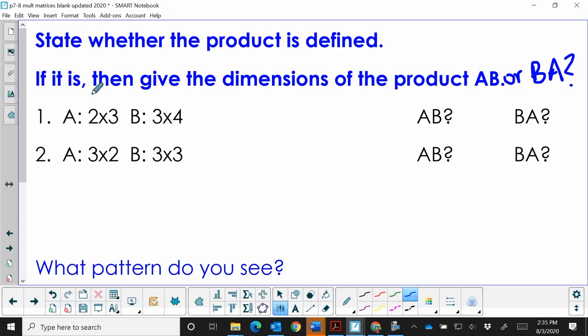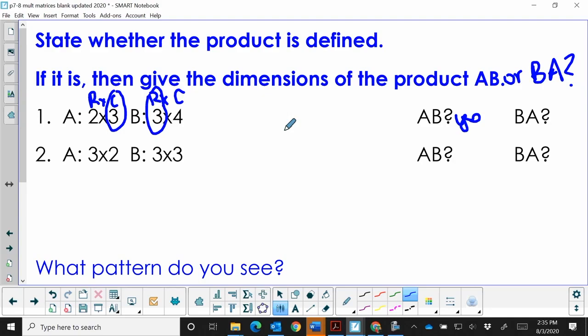So the row by column, row by column. So that means the column of A has to match with the row of B. And these are both 3, so you can multiply these. So this one is a yes. We can multiply them together.